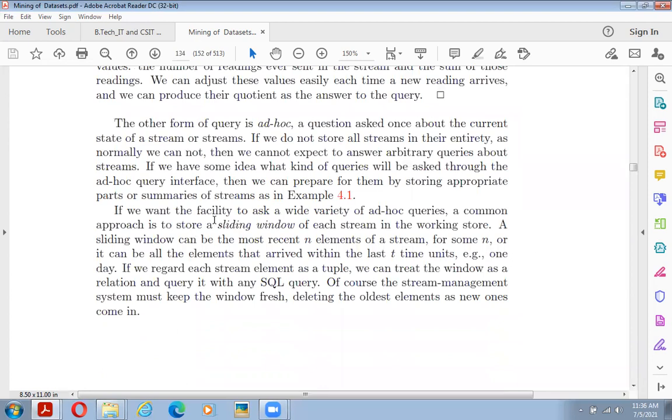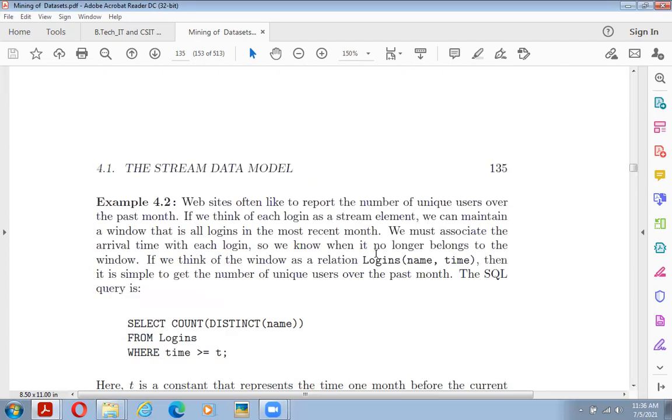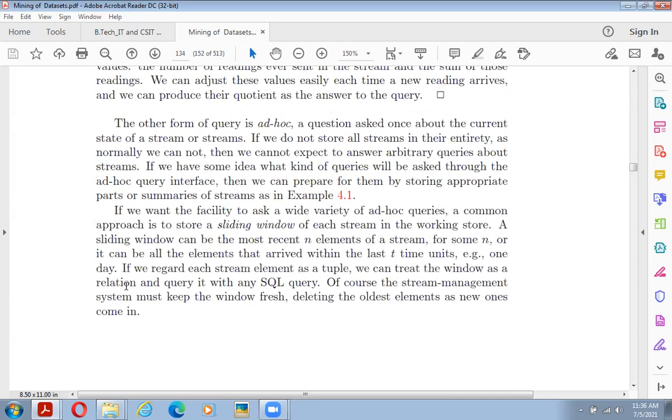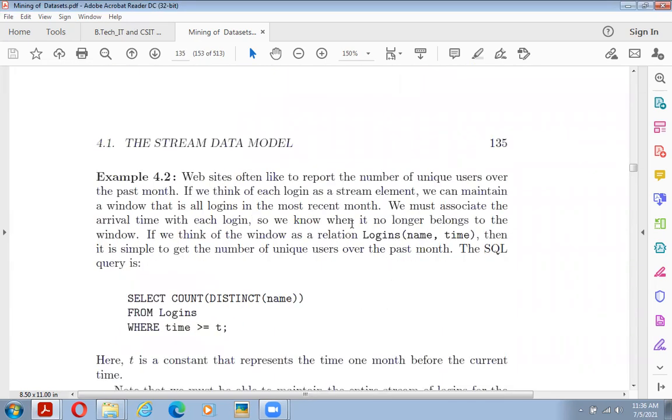We get the most recent elements. Here it is the past month, and for some windows, it can be all elements that arrive within the last t time units. So this is how we get that ad hoc query. We try to form a relation, and here the relation is the logins.